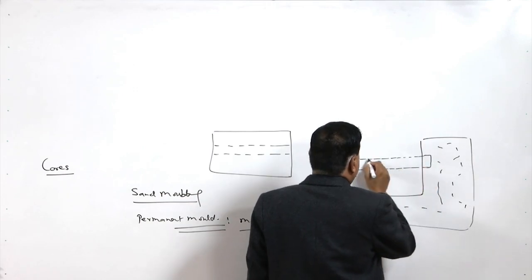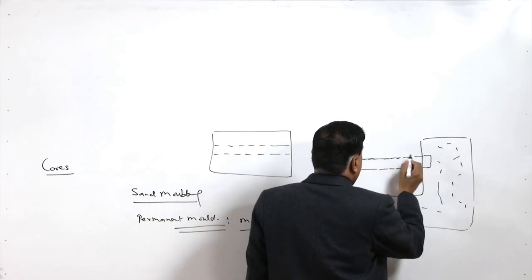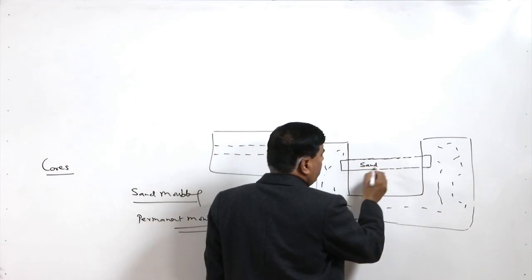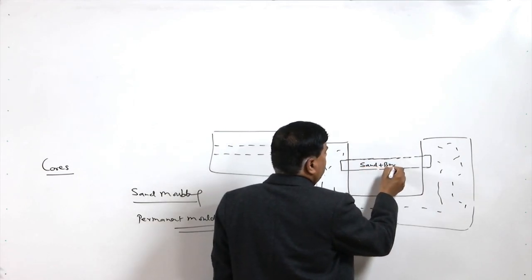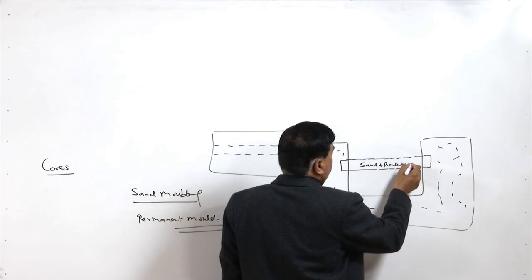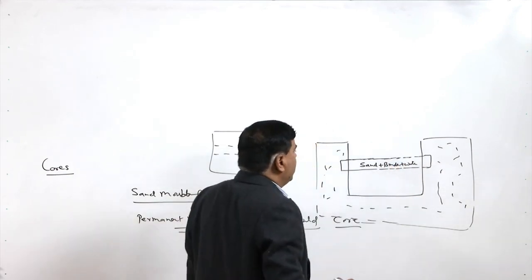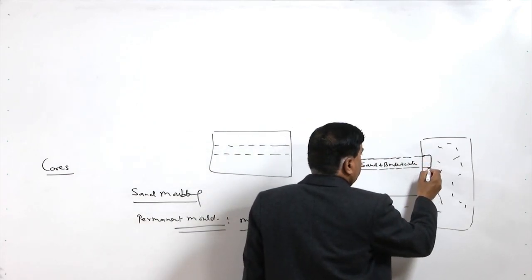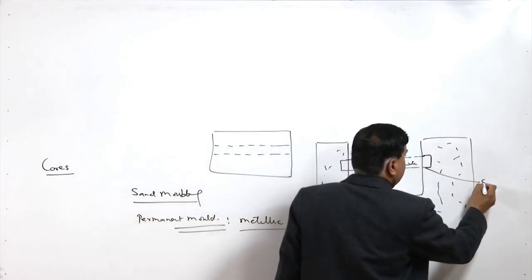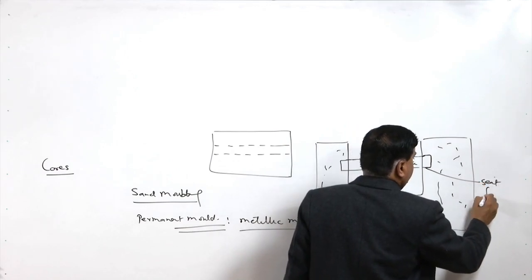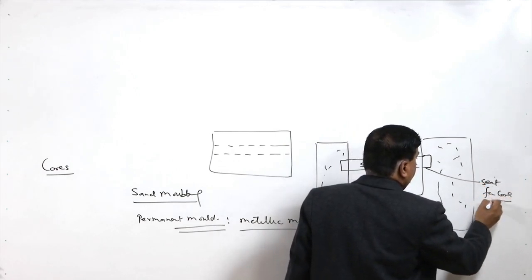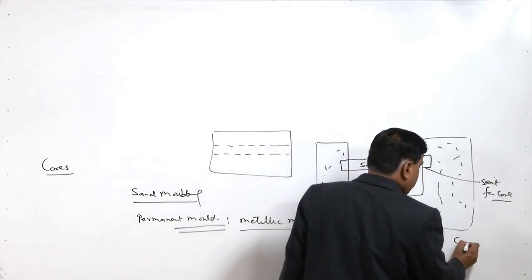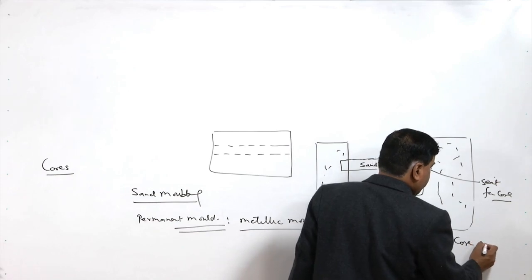This core is made of core sand plus binder plus water, and it is positioned at the desired location. This portion of the mold provides the seat for the core. This is provided with the help of core print.